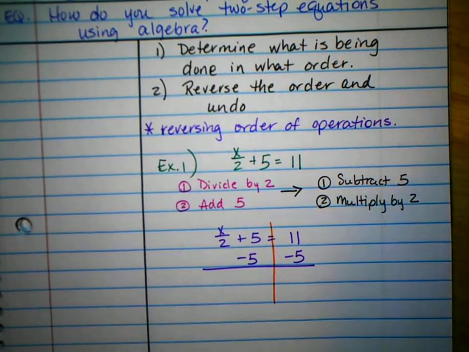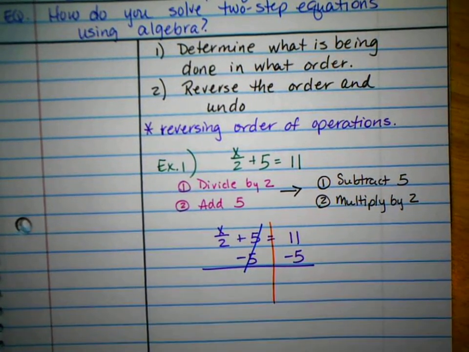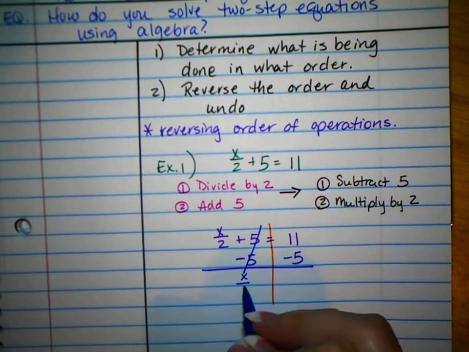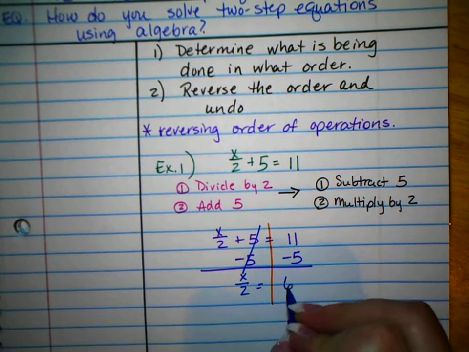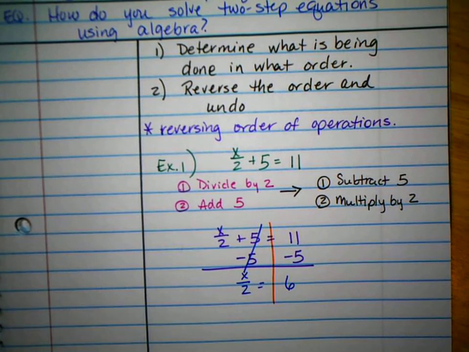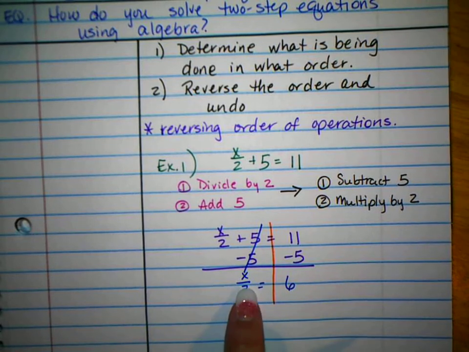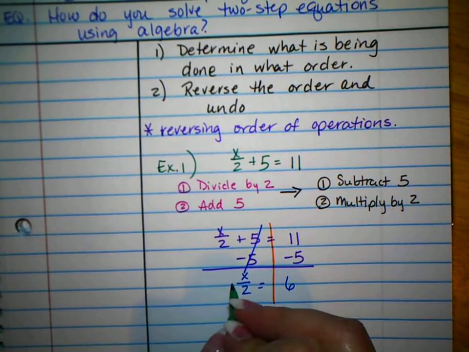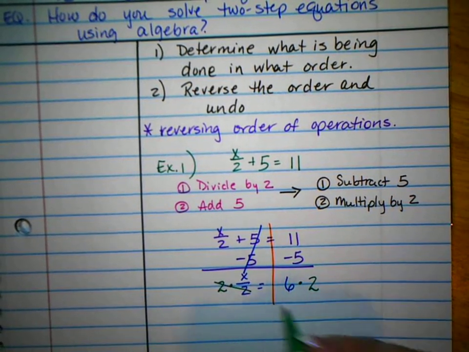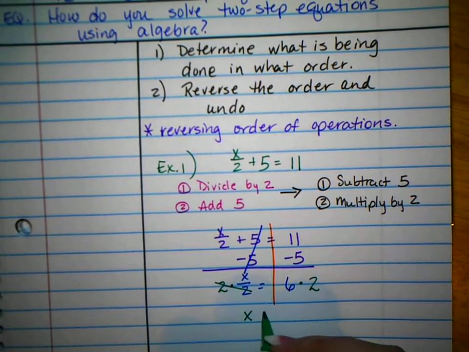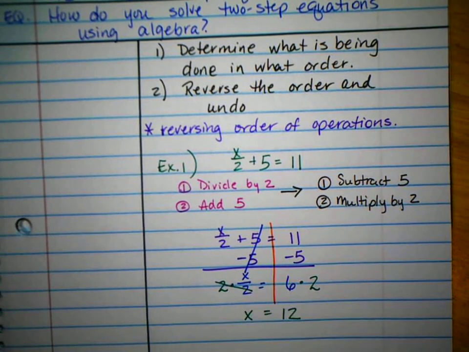And when I do that, that falls out, leaves me with x over 2, and then 11 minus 5 is 6. This is division by 2, so I want to multiply by 2 on both sides. This divides out, leaves me with x equals 12.